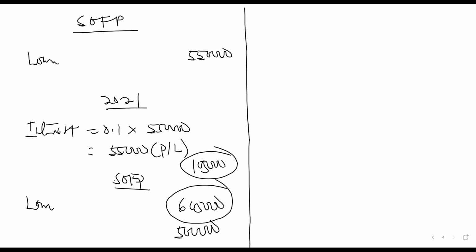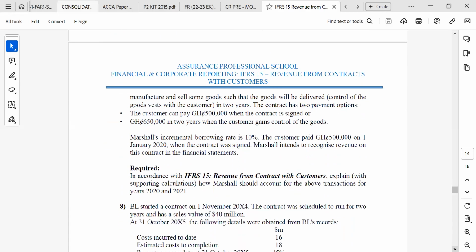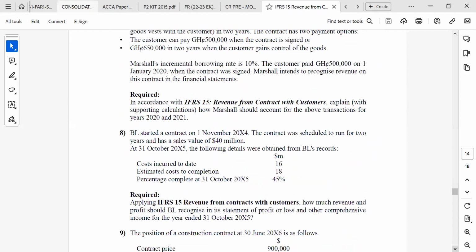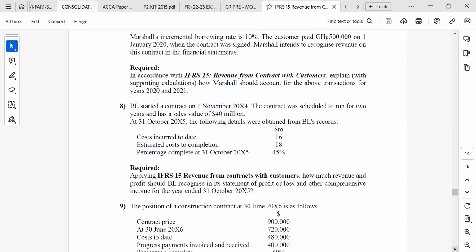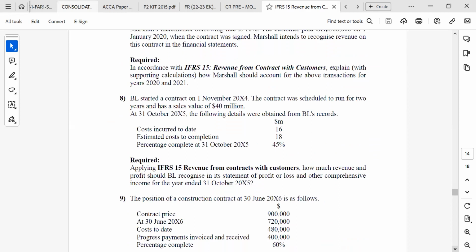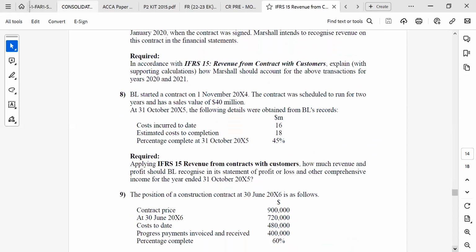Let's take another one. I want to take a question where you calculate this one. I want to look at the one where they will not give you the percentage of work complete.